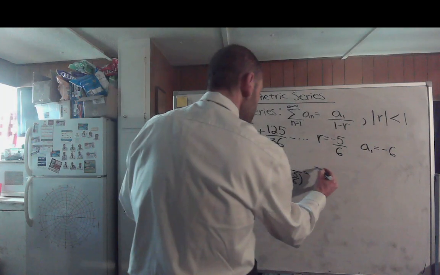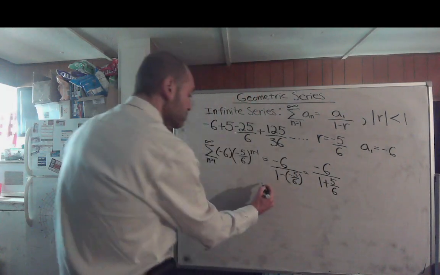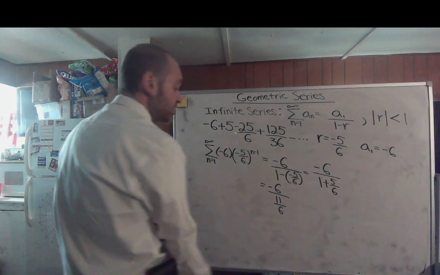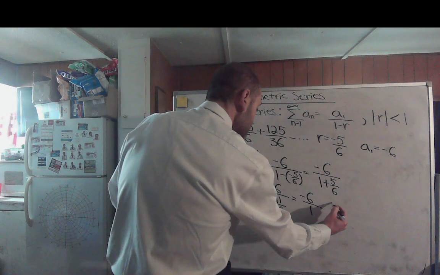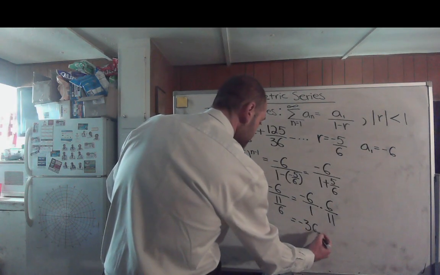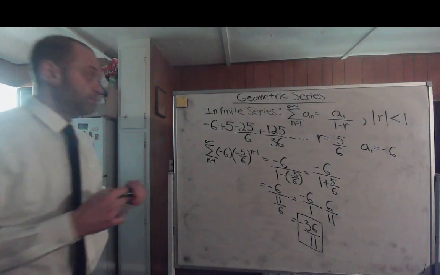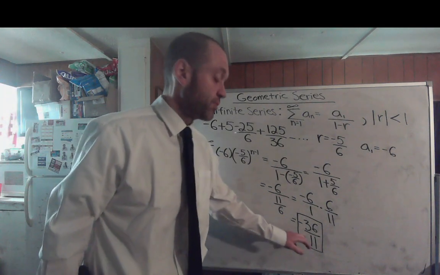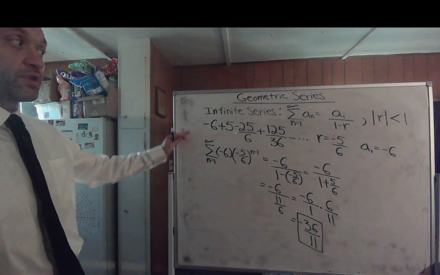This is going to turn into negative 6 all over 1 plus 5/6, which would end up equaling negative 6 all over 11/6. Complex fraction, we invert and multiply. You'll get negative 6 over 1 times 6 over 11, which would end up giving you negative 36/11. So this sum will converge to negative 36/11, which would be negative 3 and 3/11. So yes, you can even get negative answers too for your series.